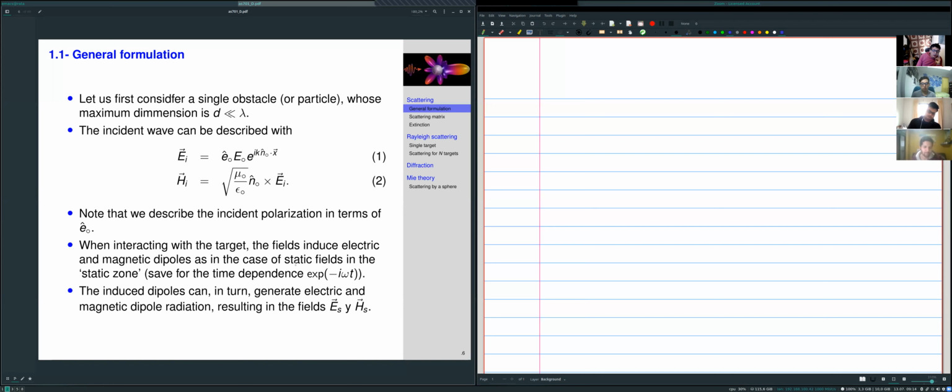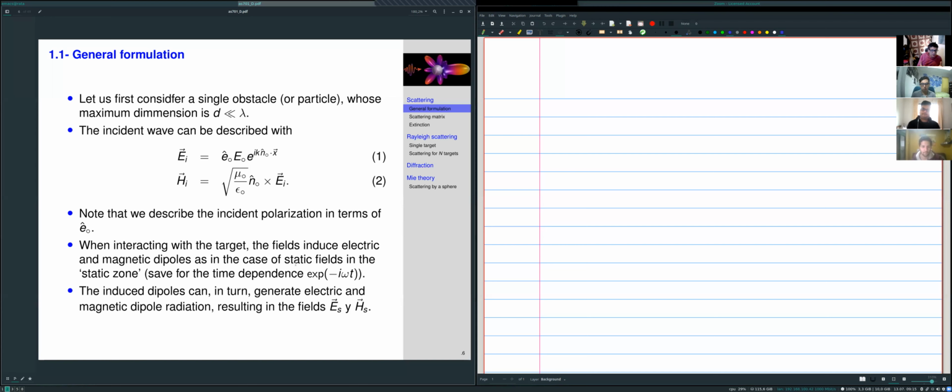Okay, so when the incident fields reach the target, they induce internal polarization and magnetic moments. So basically, they induce small electric dipoles. They separate the charges. The electric field pulls the positive and negative charges away.